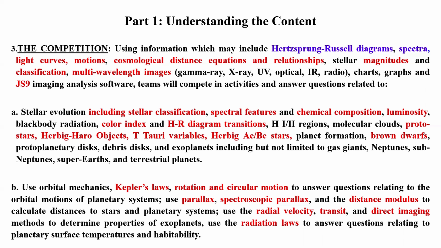The stellar evolution is also, we have classification, spectral features, chemical composition, luminosity, color index, HR diagram transitions, even the protostars, Herbig-Haro objects, T Tauri variables, Herbig AeBe stars. Those were on last year's competition, because last year we were focusing more on pre-main sequence stars and protostars.